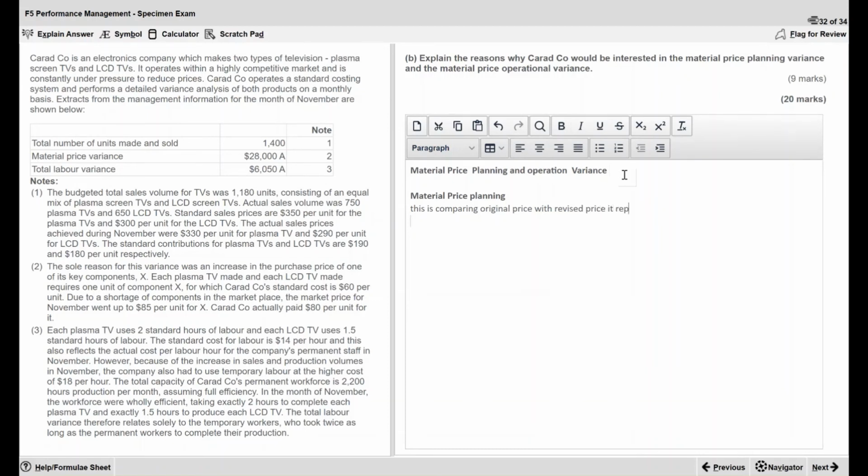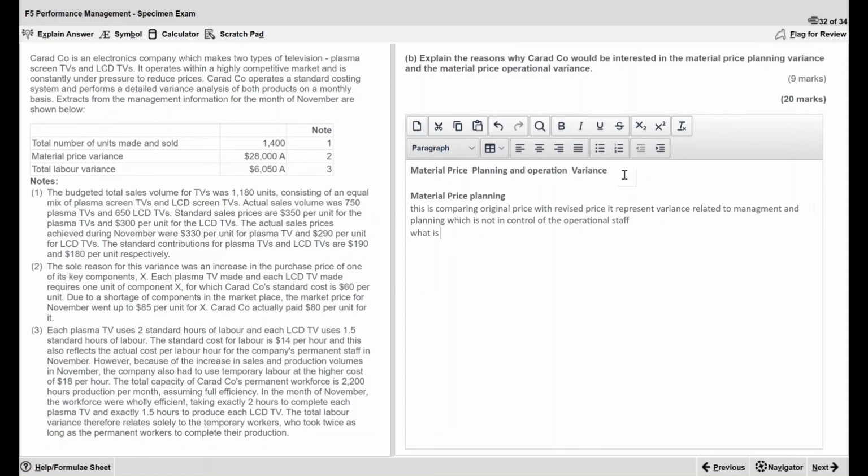It represents variance related to management, which is management and planning, which is not in control of the operational stuff.